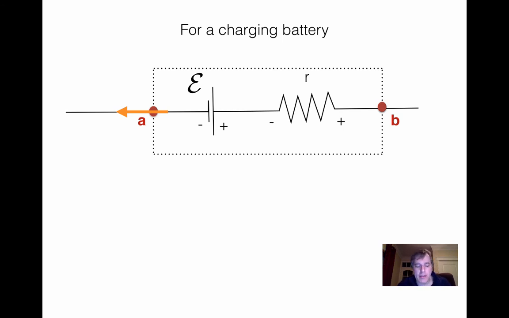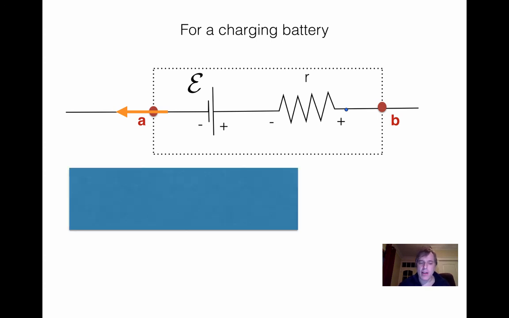Now let's calculate the terminal voltage again. So let's say I go from A to B. As I go from A to B here, the potential increases by E. And then here the potential increases again, because I go from minus to plus, by R times I. So as I go from A to B, I get a delta V equal to the ideal EMF plus the internal resistance times the current.